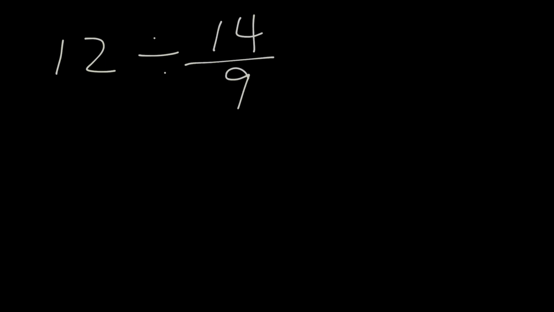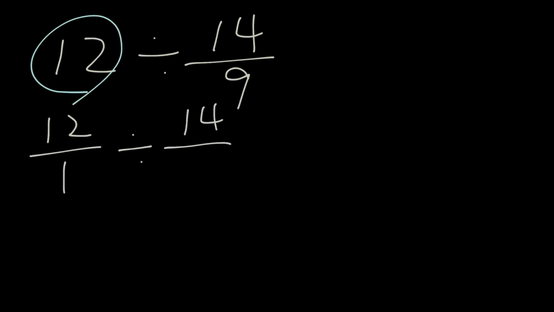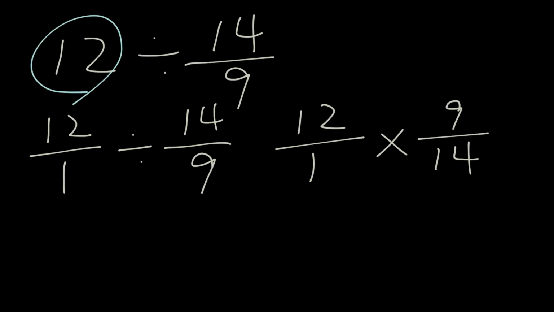Now, what if we are dividing a whole number by a fraction? Here is an example. Like the previous one, we have a whole number that needed first to be converted to a fraction. So we rewrite it like this. And then we want to change it to the multiplication format. We can see that 12 and 14 are both divisible by 2.